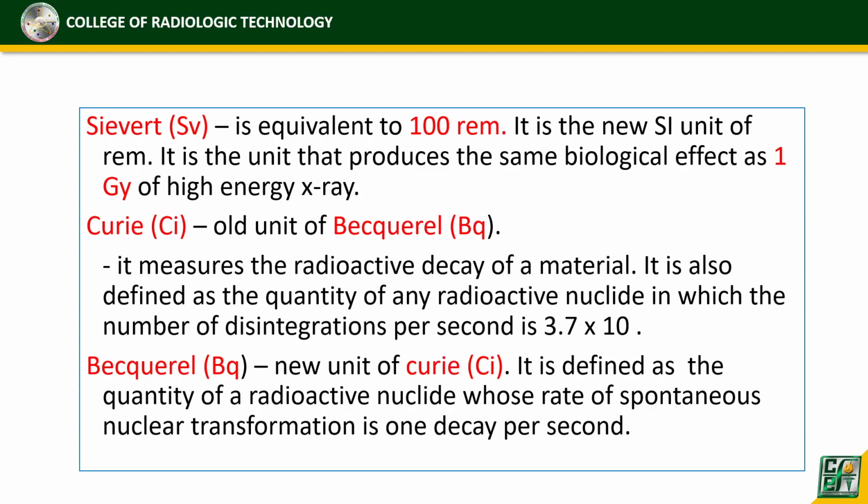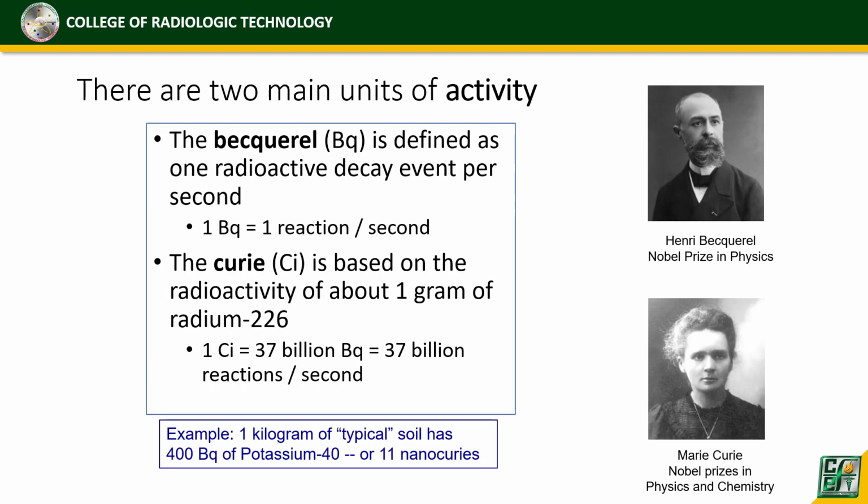Okay, so ayan. Then yung ating units for radioactivity, okay, Curie and Becquerel. So Becquerel is defined as 1 radioactive decay per second, while Curie is based on the radioactivity of 1 gram of radium.